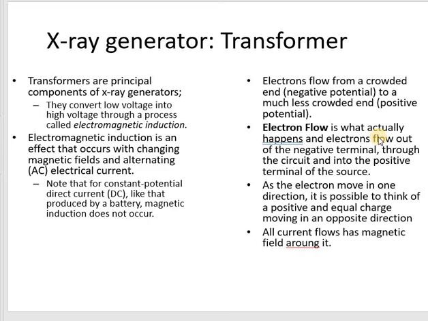Transformers perform the transforming of an alternating input voltage into an alternating output, so it's input AC and output AC using the principle of electromagnetic induction. The generic transformer has two components. One is the insulated wire or conductor, and second is the iron core, and this wire is wrapped around the iron core. An input AC power with voltage and current produces oscillating electrical and magnetic fields within the iron core.